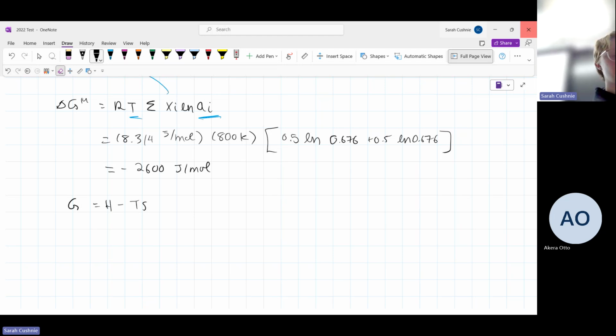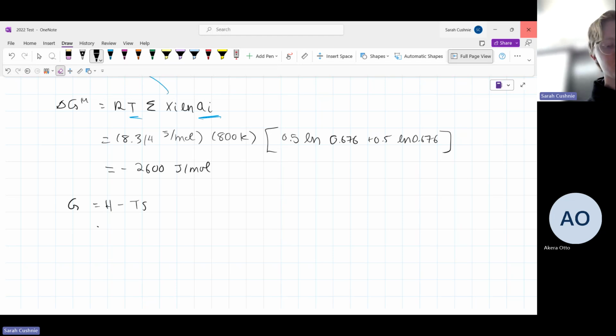So we can take our delta G of mixing equal to our delta H minus T delta S, using the values we just calculated. One downside of using this, maybe this is why I didn't use it, is that if you got something wrong in the past steps, you won't get the right answer here. They should hopefully still give you the marks if you have the right process.